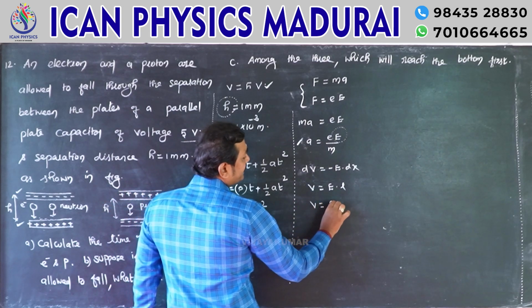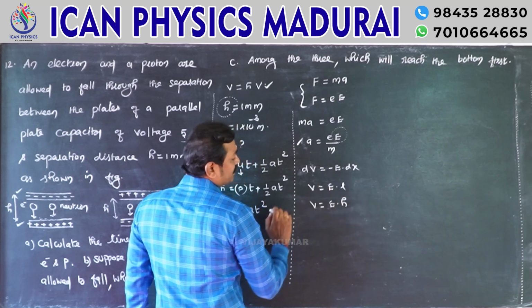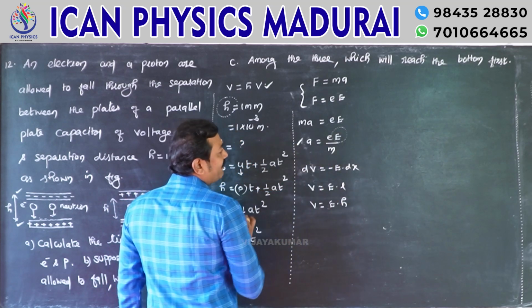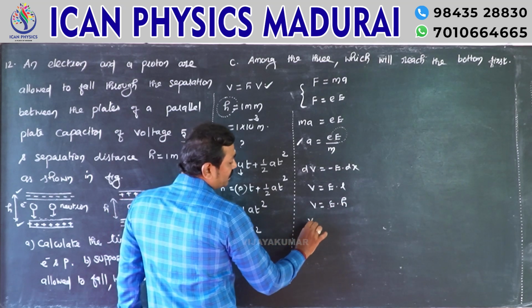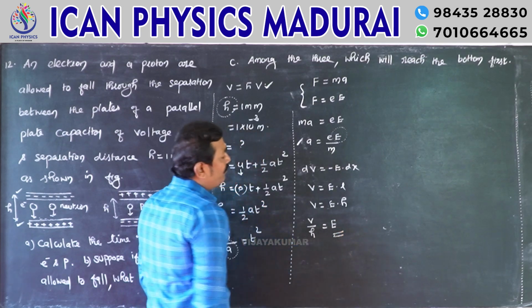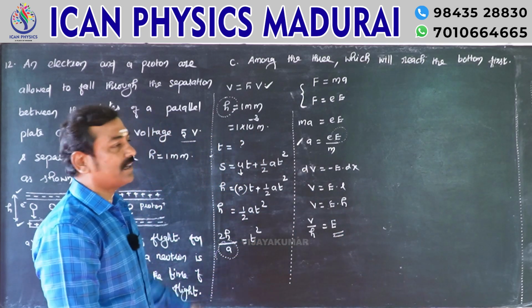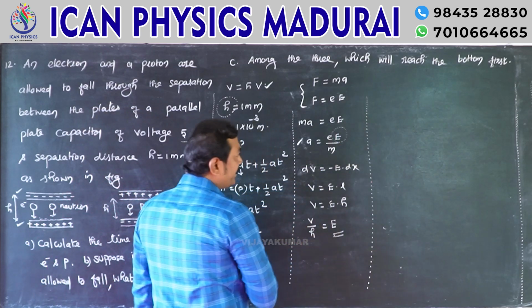So, V equal to E into h. Okay. Now, we have to calculate the value of E. So, multiplication h comes to this side as division, so V by h equal to E. By calculating these terms, we can calculate the time of flight of electron, proton and neutron.